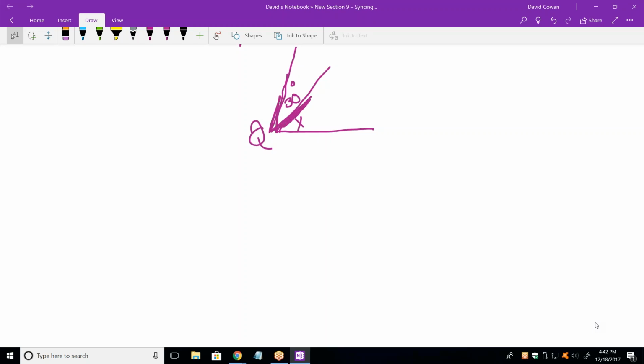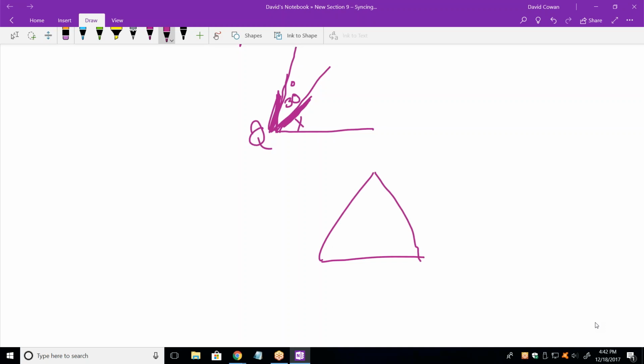And how can we copy a 30-degree angle? Well, 30 is half of what? 60. How can we make a 60-degree angle? If we can make a 60-degree angle, then I could just bisect it.